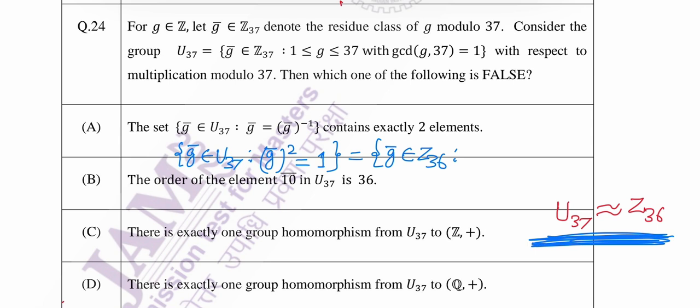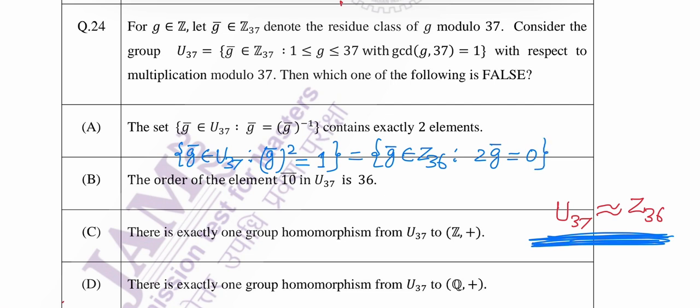Since the group operation of Z36 is plus, g bar squared can be written as 2 g bar, meaning g bar plus g bar. So this should be 0, the identity element of Z36.